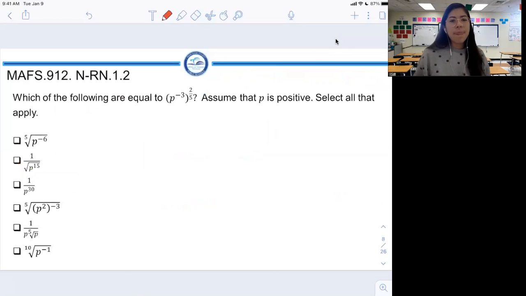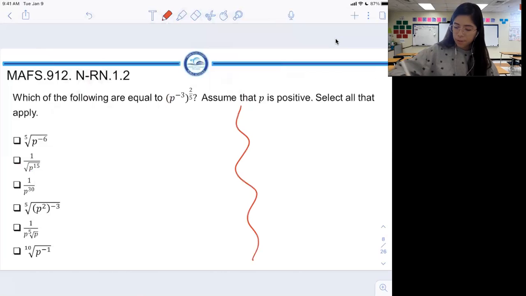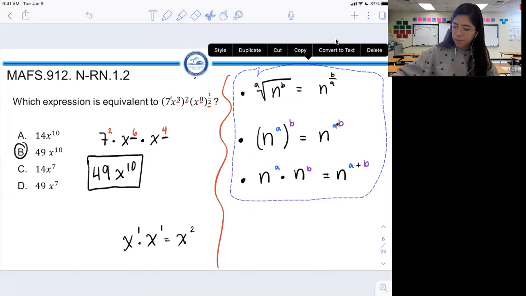All right. Which of the following are equal to p to the power of -3, all to the power of 2/5? So this brings us to our last rule. Ignore the problem so far. Quick recap. Let me copy them from here. So far, we have these three rules.